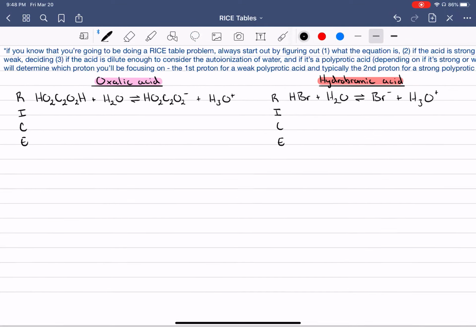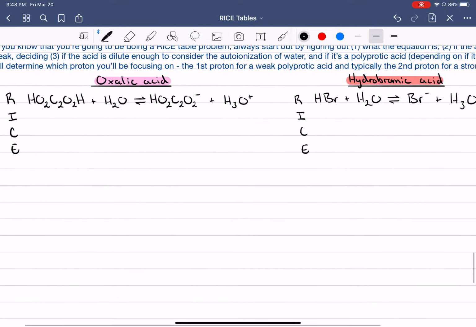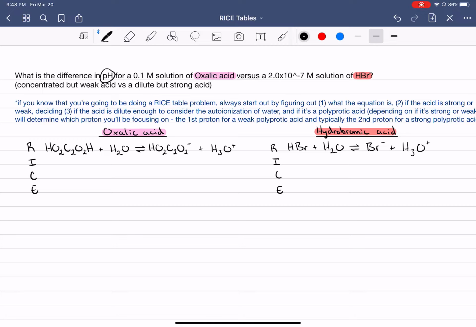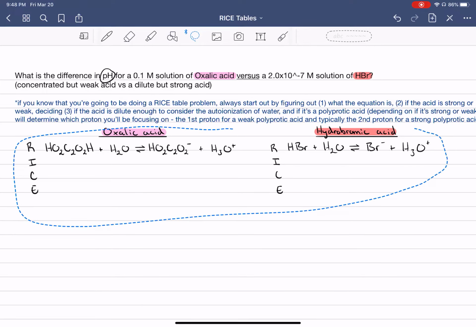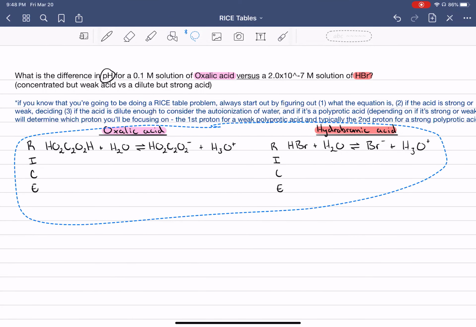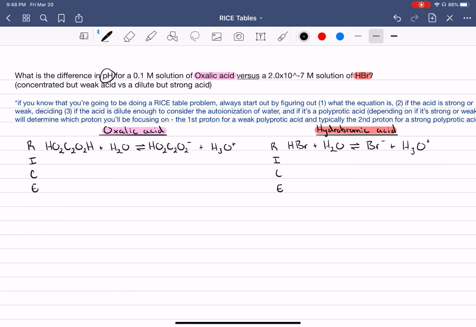Right, so here's our oxalic acid, and we'll start with that. This problem says that we need to find the pH for a 0.1 molar solution. I'm going to line this up a little bit more so I'm not writing on the lines. So I start with a 0.1 molar solution.